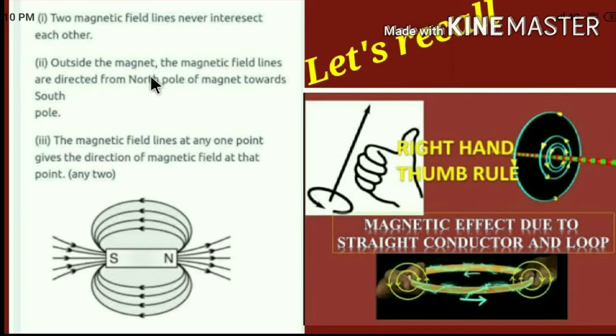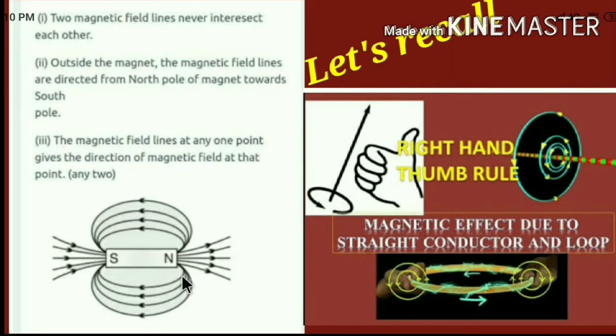Outside the magnet, the field lines are directed from the north pole of the magnet toward the south pole. See the arrows, they start from the north pole and go to the south pole.